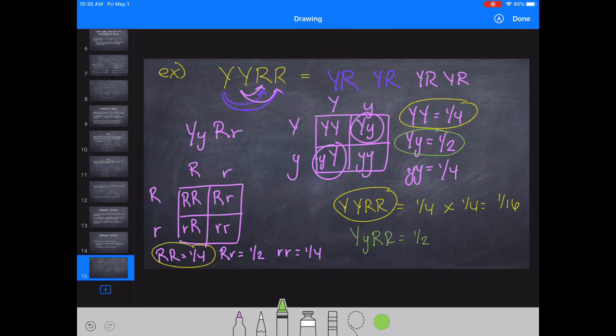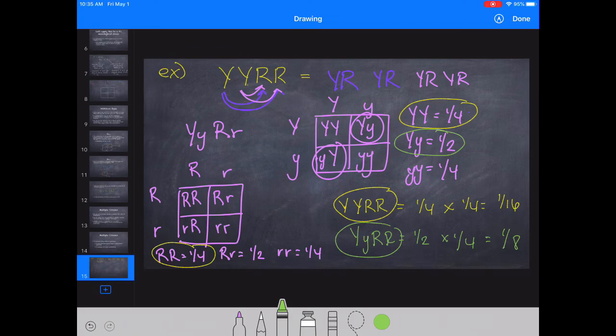And big R is 1/4 when I look at my Punnett square with the R's. Okay? If I multiply that across, I'm going to get 1/8. And there you have the probability of big Y, big R.